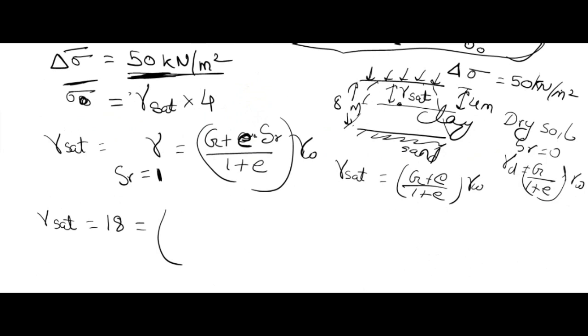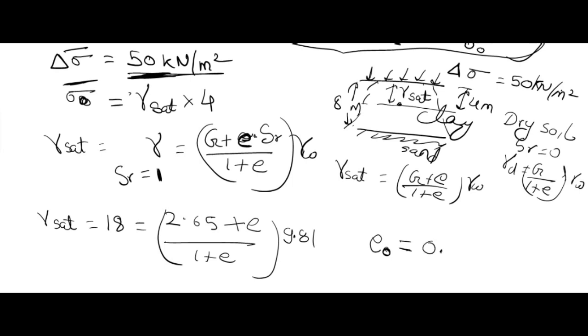The void ratio is not given, that's why we are doing this. We need to find the void ratio, with the unit weight of water as 9.81 kilonewton per meter cube. From this we can find the initial void ratio e0, before the stress acted, and it comes out to be 0.976.